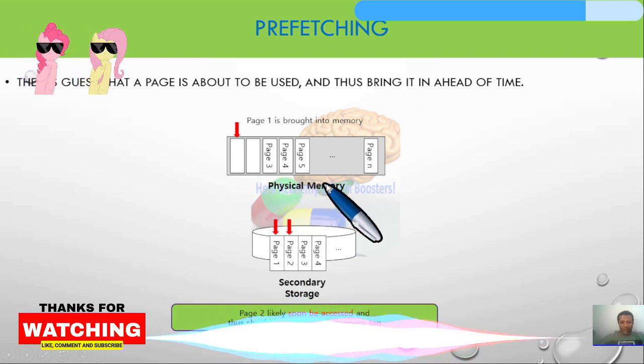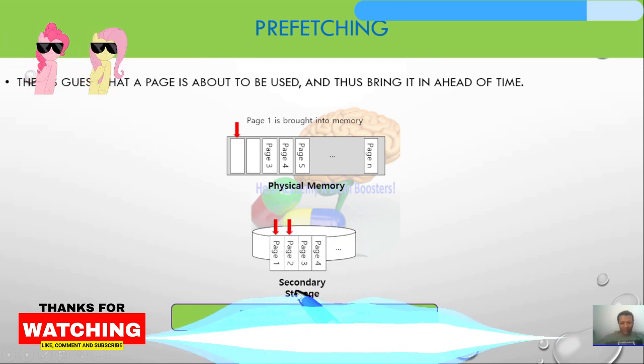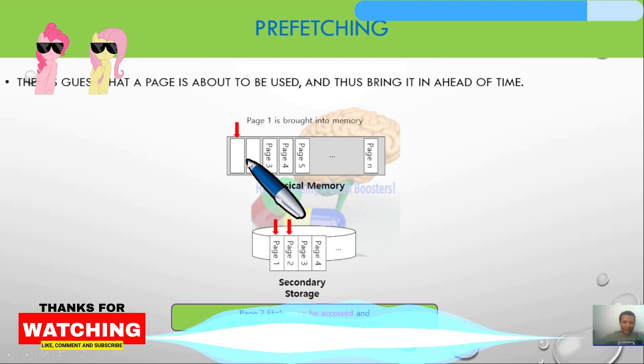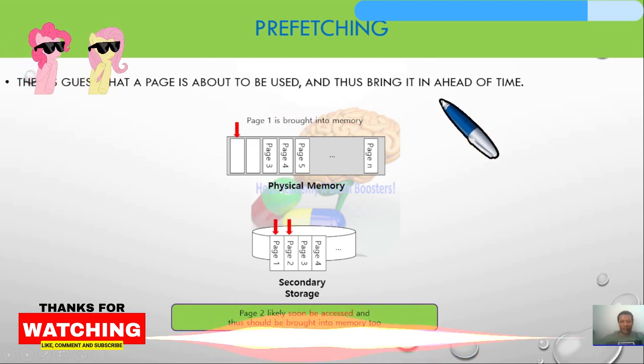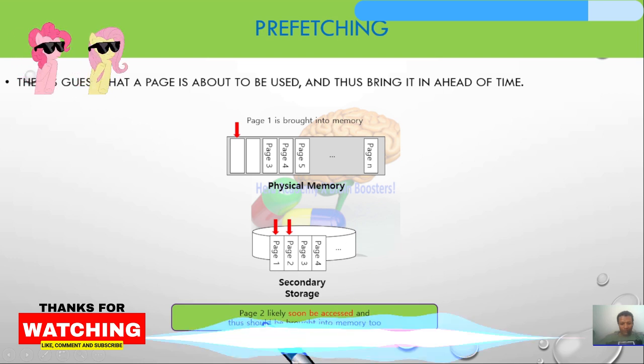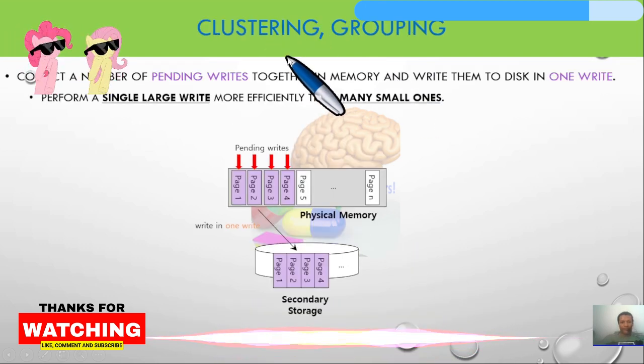For example, here the physical memory requests only page 1, but the operating system will swap page 1 and page 2 from secondary storage, because in the near future page 2 will likely be accessed soon and thus should be brought into memory. This is the term called prefetching.